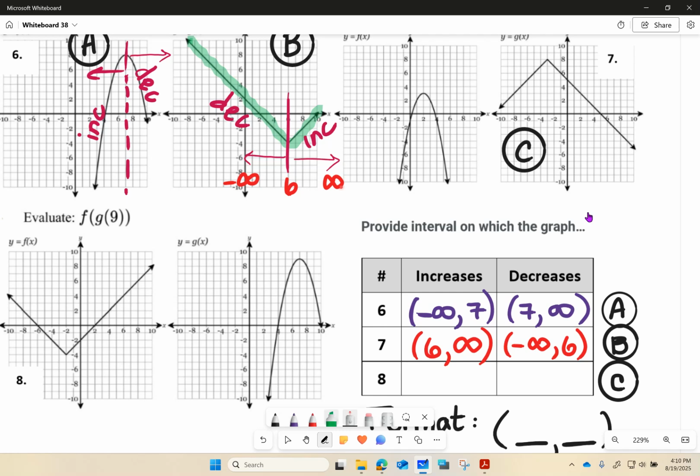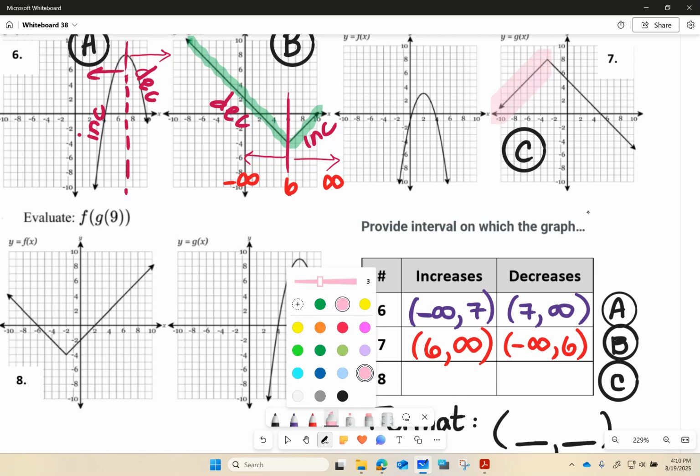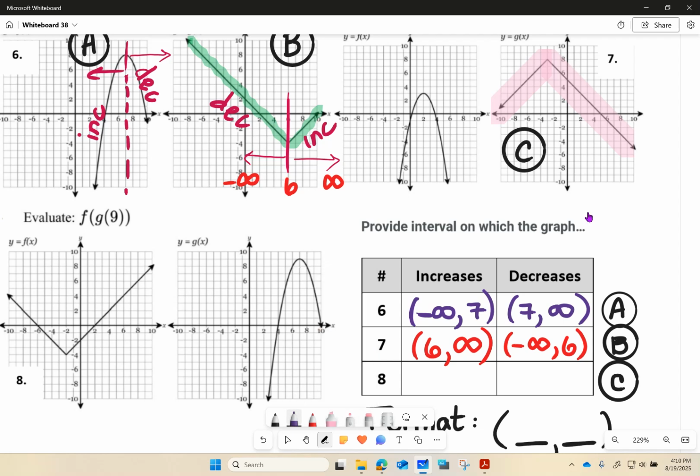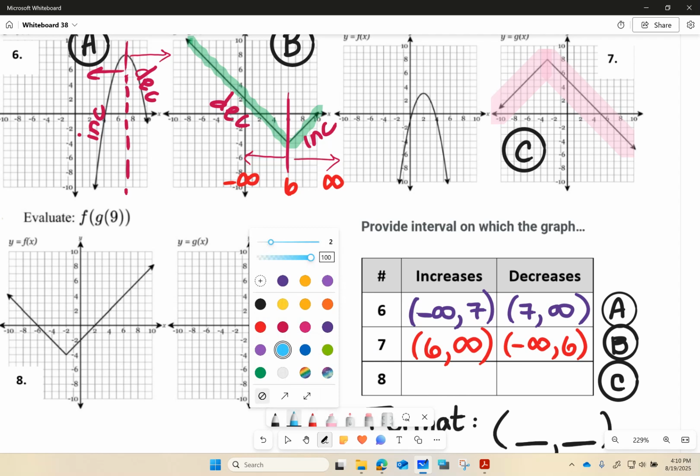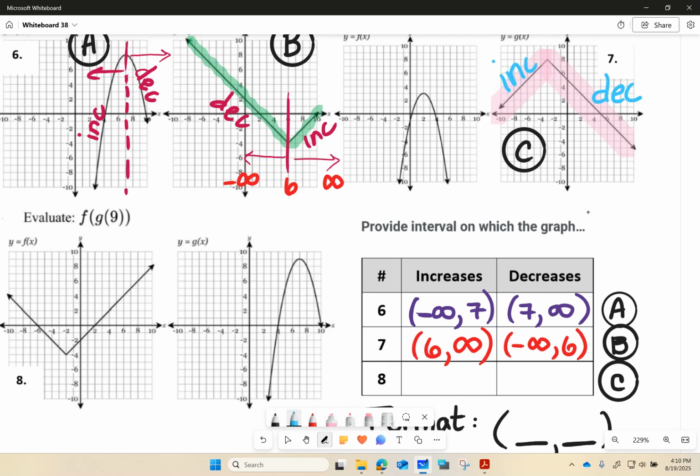All right, how about over here? Let's use pink. From left to right, what's happening here? Increased. What's happening here? Decreased. So here it increased and here it decreased, right? Where did it change? It changed right there.